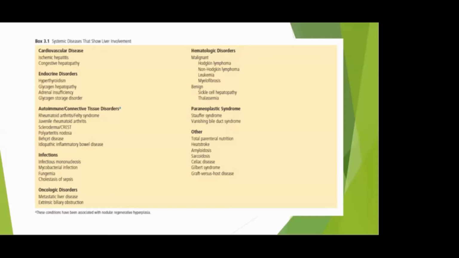The latter refers to a variable constellation of histologic findings that include minimal to mild portal lymphocytic inflammation with no interface hepatitis. So it's very varied. Liver test abnormalities are usually mildly elevated in a hepatocellular or mixed pattern in these diseases. So this is a summary of the other systemic diseases that show liver involvement.